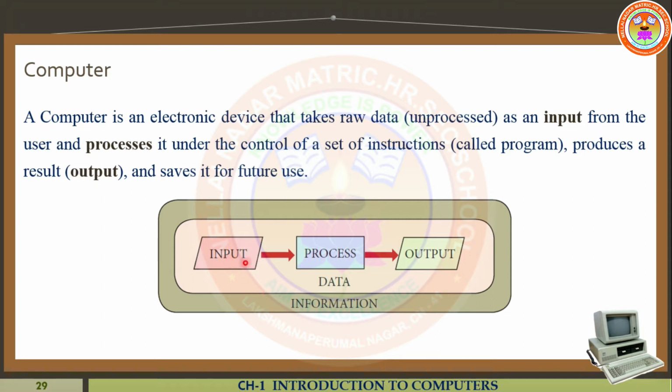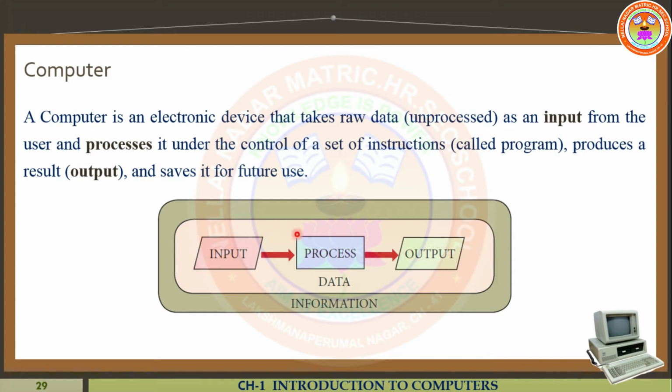So I just mentioned the diagrammatic representation of the process. The first thing is the input you have to give to the computer, then the computer receives all the inputs from the user and immediately does the process. In that process the data conversion is going on, then after the process completes, it produces the result. That result is called what? Output. Okay, right.